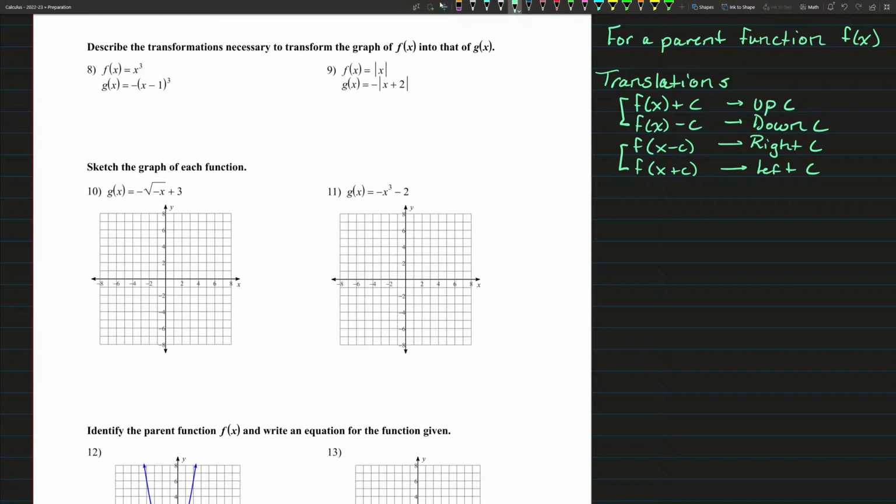We also did reflections. If we make our entire output negative, this reflects it vertically. It flips it upside down.